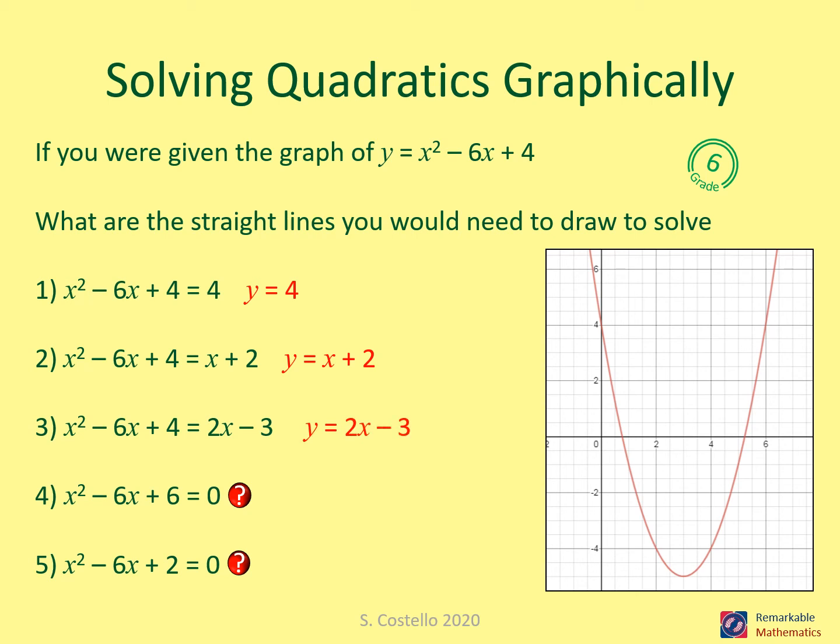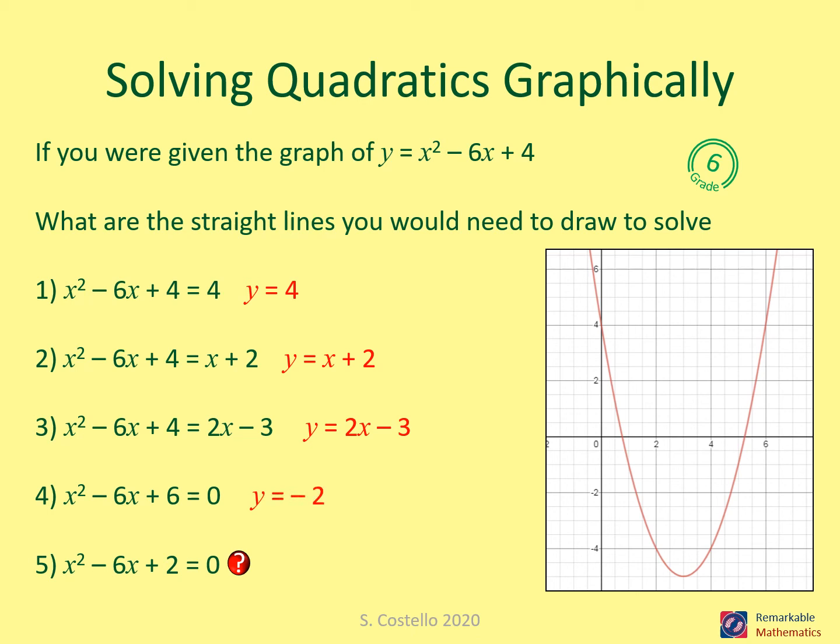For the last two, if you looked at them, they were slightly different. What you had to do, in effect, was change the left side so it was the graph that you had been given. What would you have had to do to it? Because the c value there was plus 6 and the original was plus 4, you had to minus 2 from both sides.